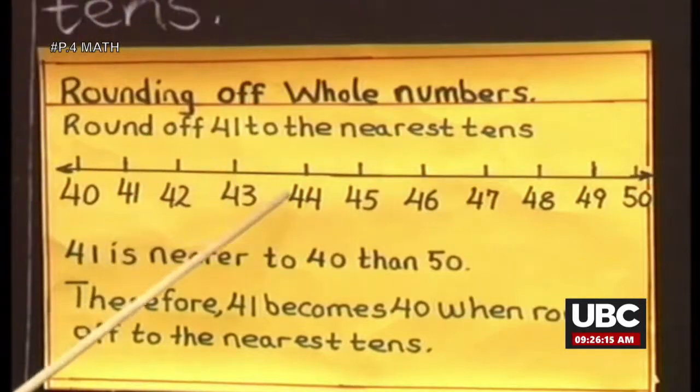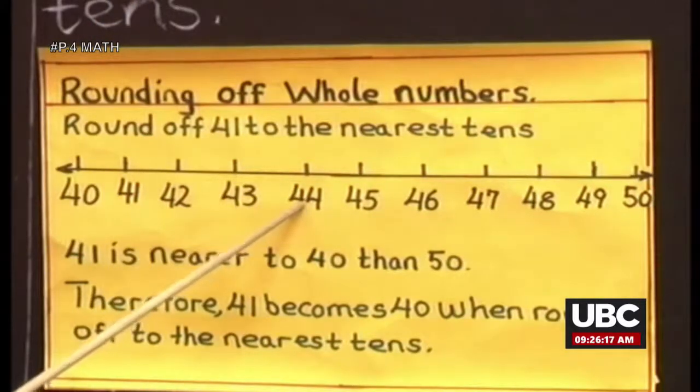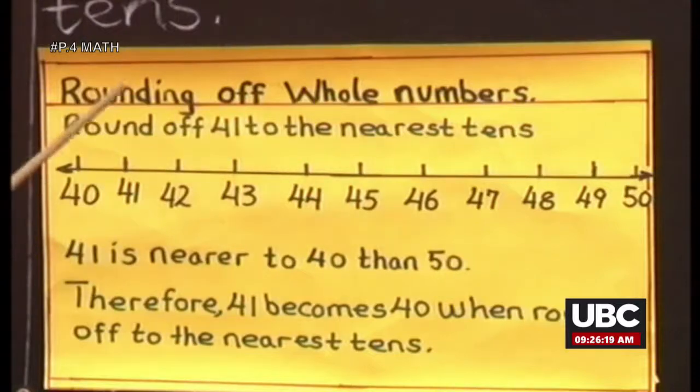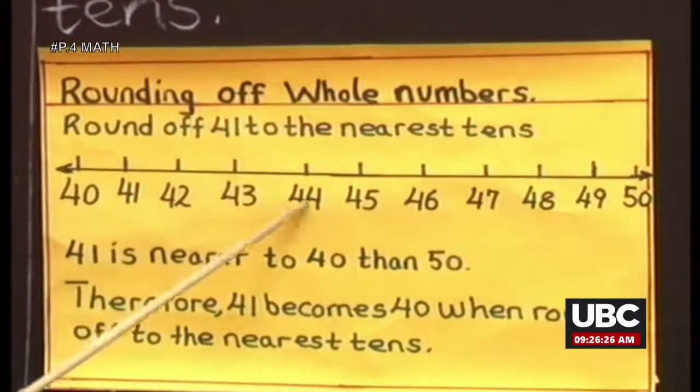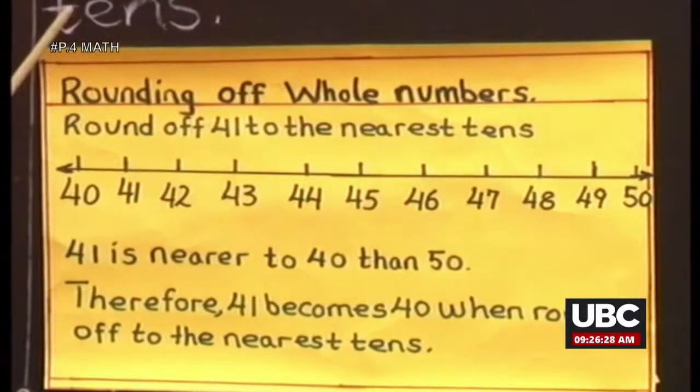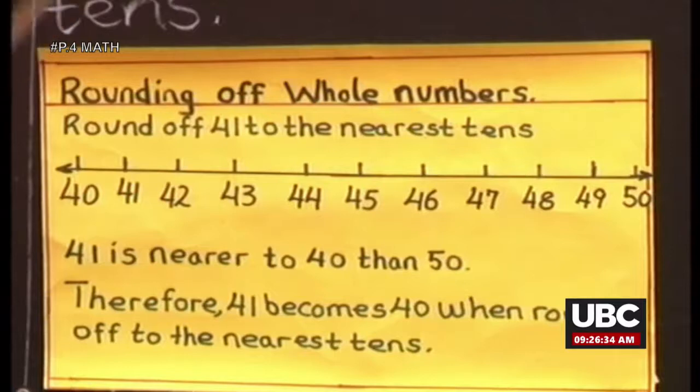As you reach around 43 or 44, you find thieves. You are moving from 40 towards 50. You reach 44, you find thieves. You find thieves around. Where do you think you will run to? Which nearest place will you run to?